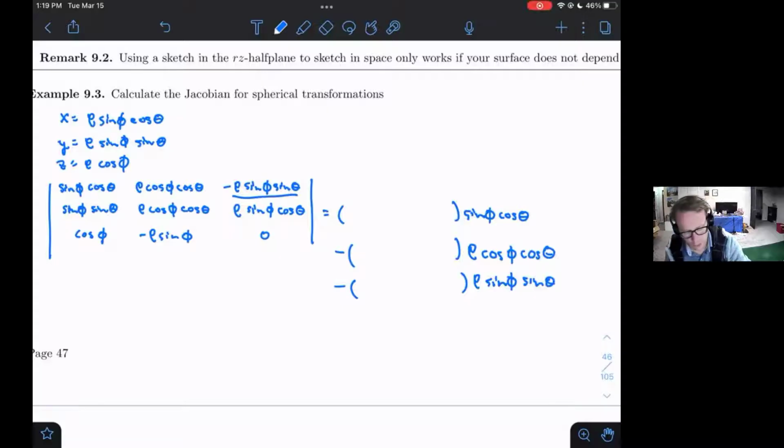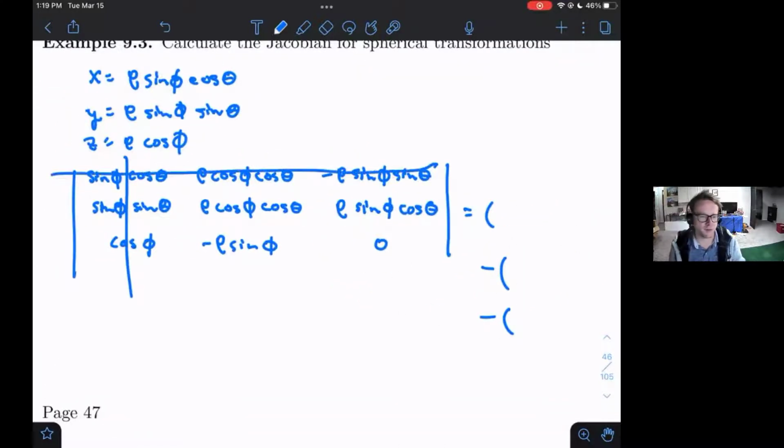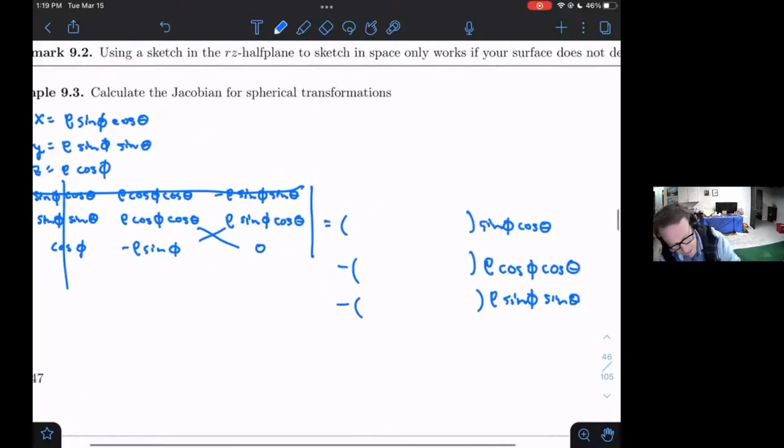Now for each one of those, remember we have to calculate out the 2x2 matrix minor. If we cross off this first row and first column, I'm going to be multiplying by 0. That's nice. And when I multiply in this direction, I'm going to have minus a negative, so plus rho squared sine squared phi cosine theta.